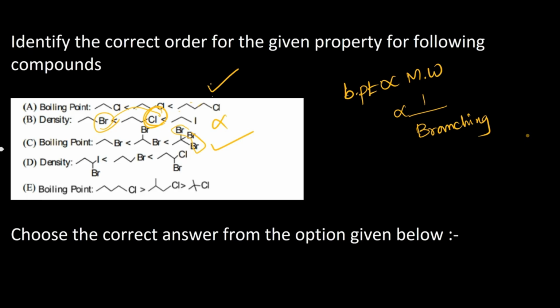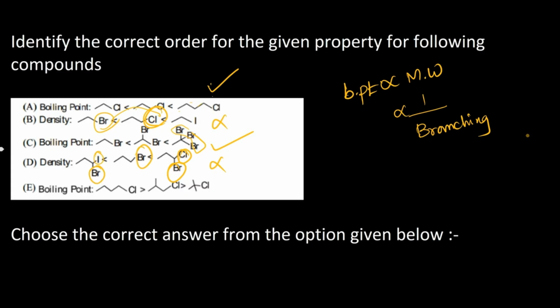And density, again I have iodo and bromo, bromo and chloro and bromo. So this is not right because chloro, bromo is there, and here I have only bromo, bromo and iodo.